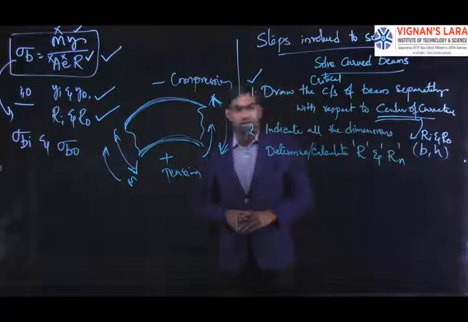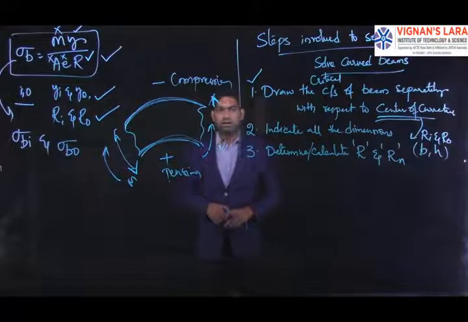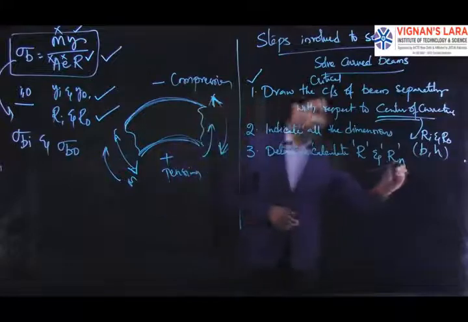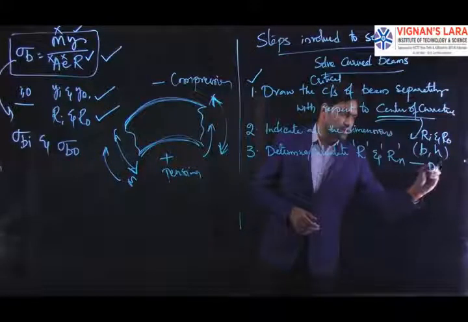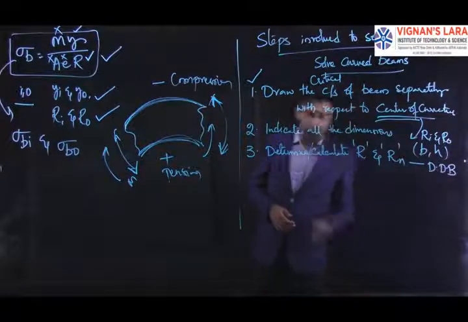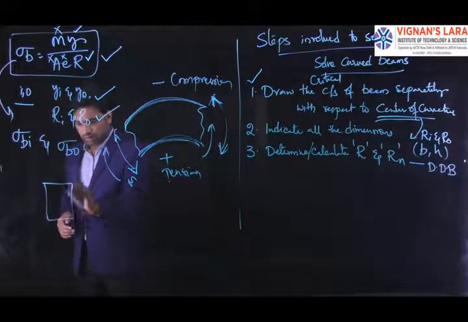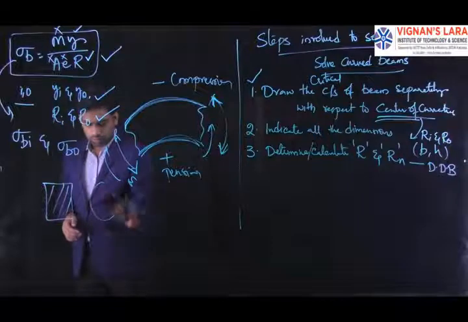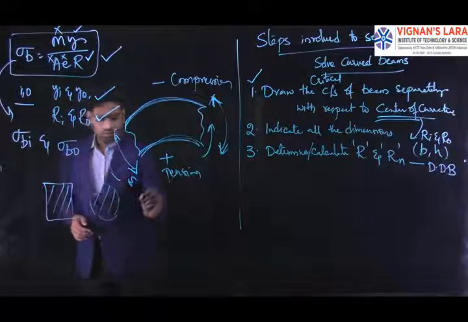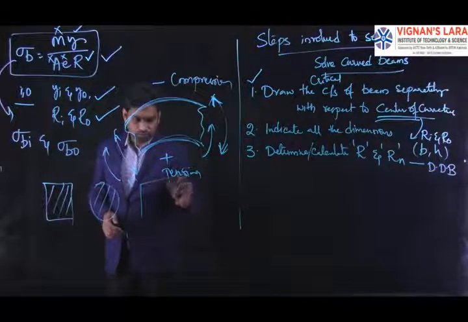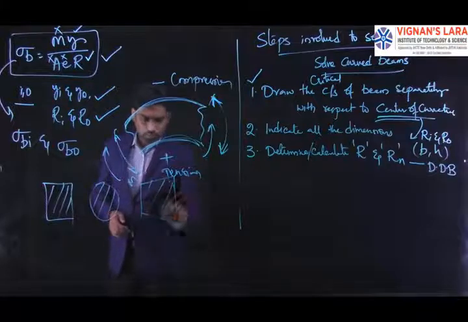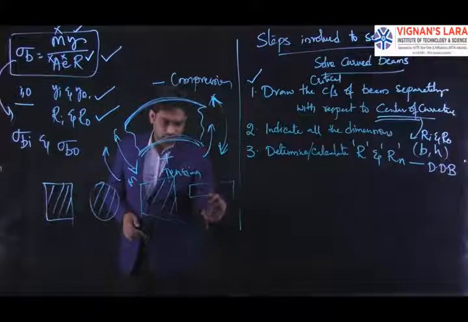We need to find both values of R and Rn using the relations that we can take from the design data book. The relations are for different cross sections, either rectangular, or circular, or trapezoidal, or an I section or T section.